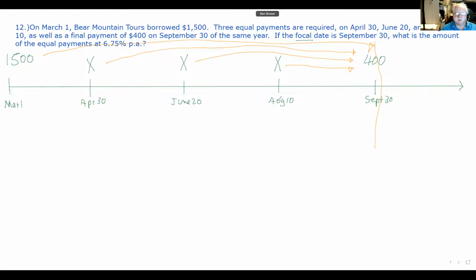So our first task is to figure out how many days from March 1st to September 30th. So you can either do that on your calculator or you can do it in Excel. But we need to know because we've got to go 1,500, 1 plus, what was it? 6.75% times a certain number of days over 365.